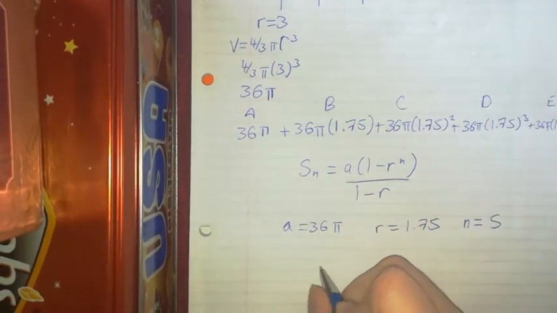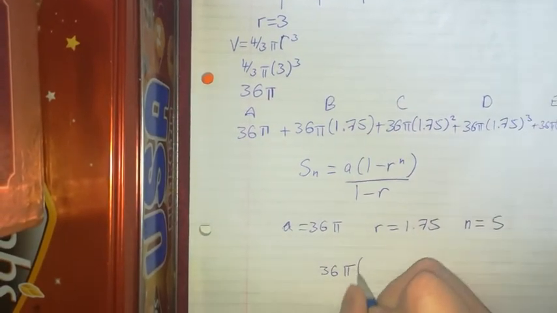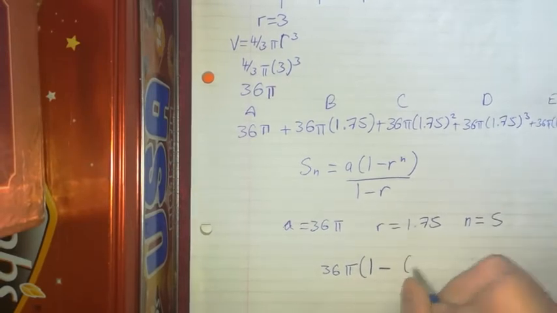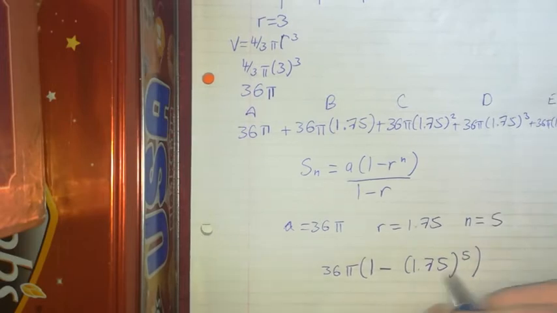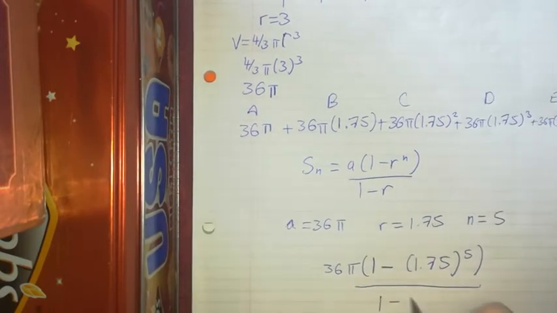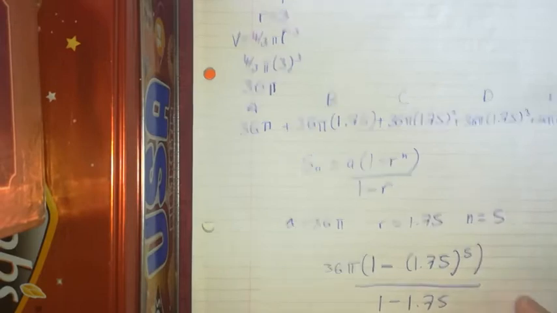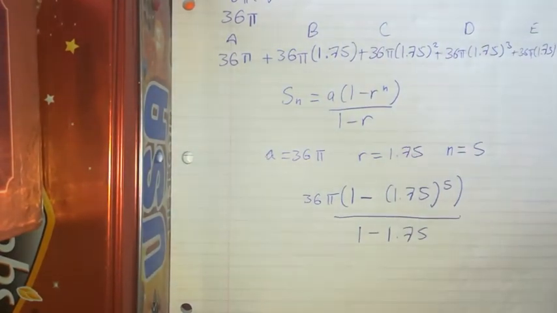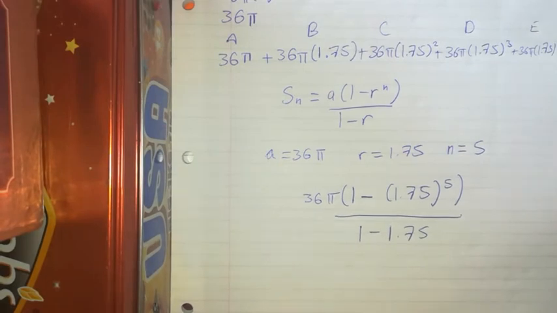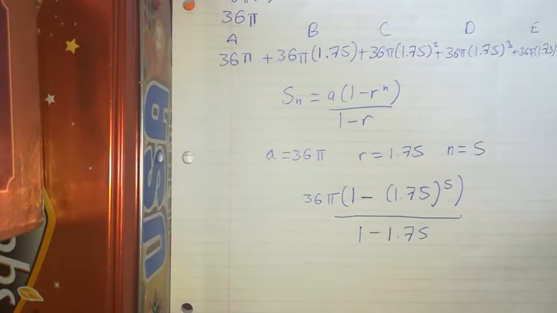So it's 36 pi times 1 minus 1.75 to the power of 5, all over 1 minus 1.75.